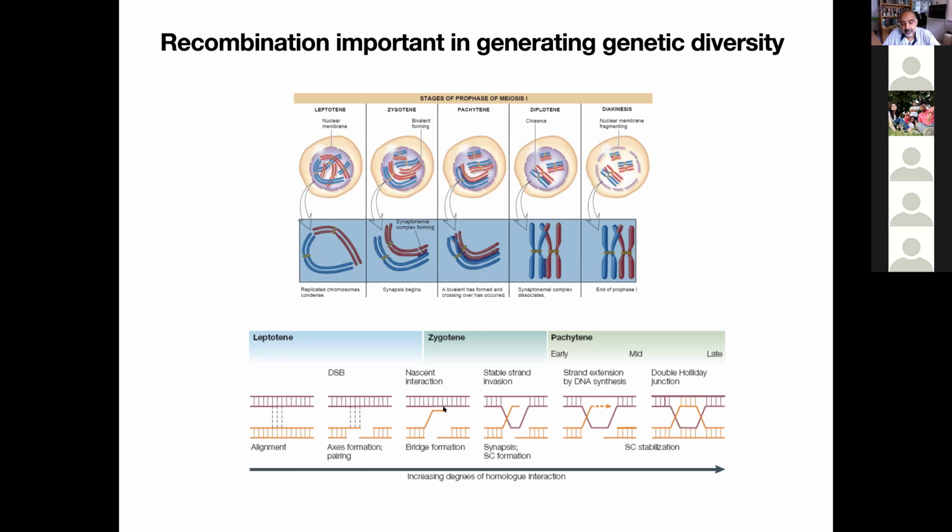You're getting these breaks forming, and these strand inversions, and the very famous Holliday junctions being stabilized in late pachytene. This is one of the most important features of meiosis, and this is how genetic diversity is brought into gametes.